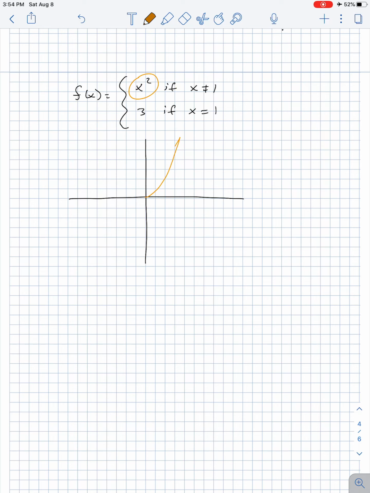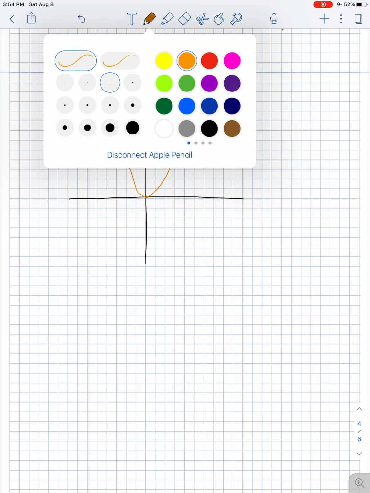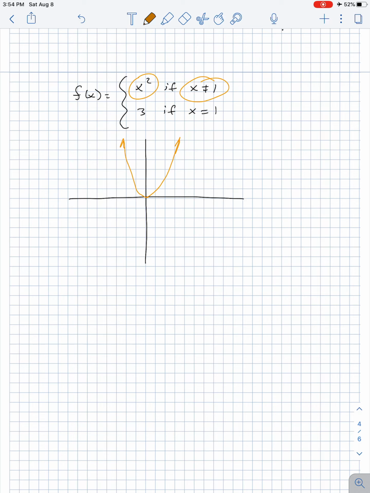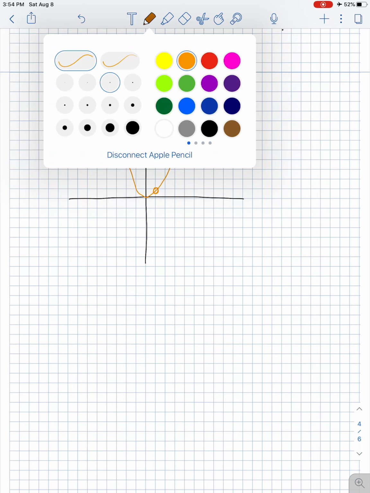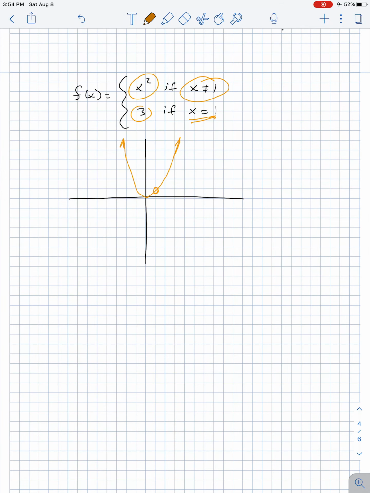Okay, that looks like this. And that's going to be everywhere except 1. So that means that there's going to be a hole right here at 1. And at 1, I want it to be 3. So that means that I've got a point right up here at 3. So that's my function.